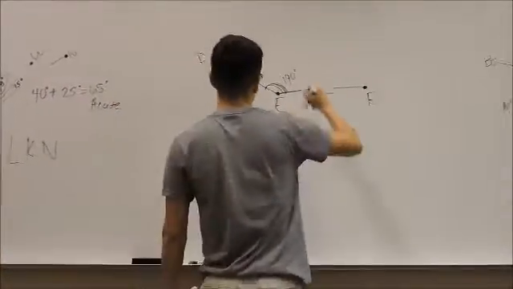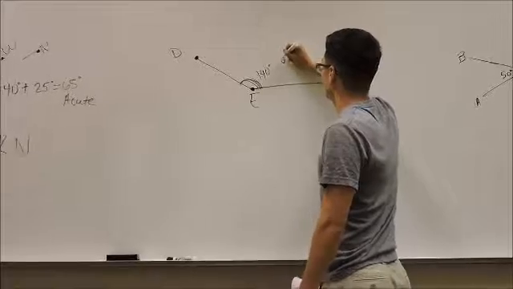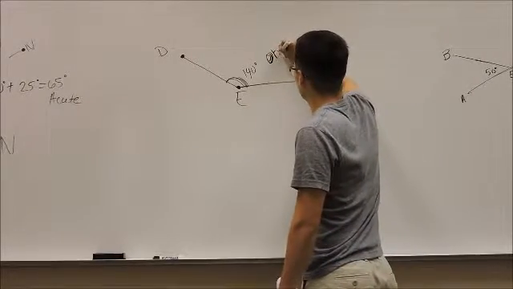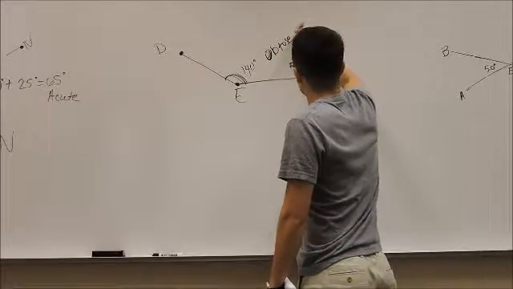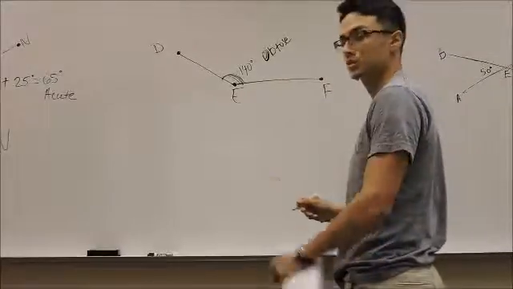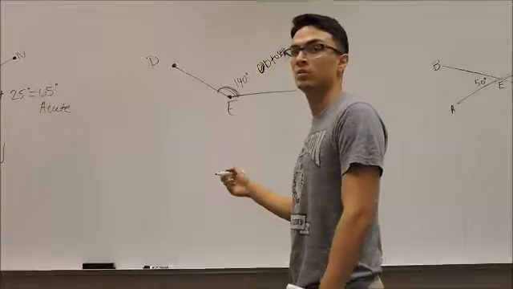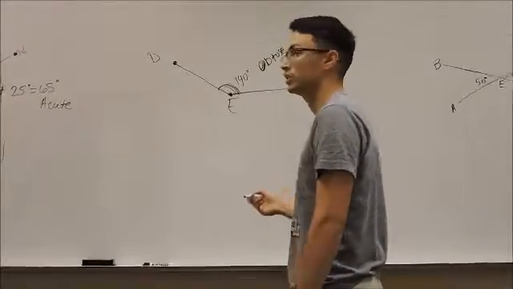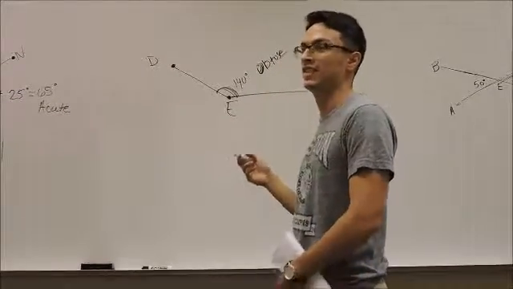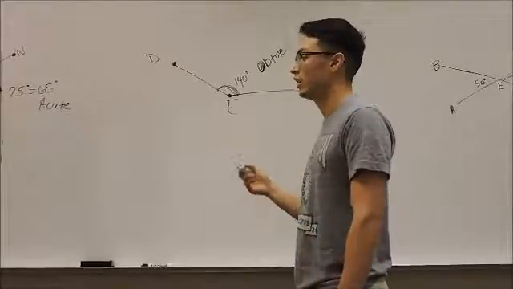And here we have an angle of 140, and this is obtuse. Obtuse, as we know, is an angle greater than 90 degrees.